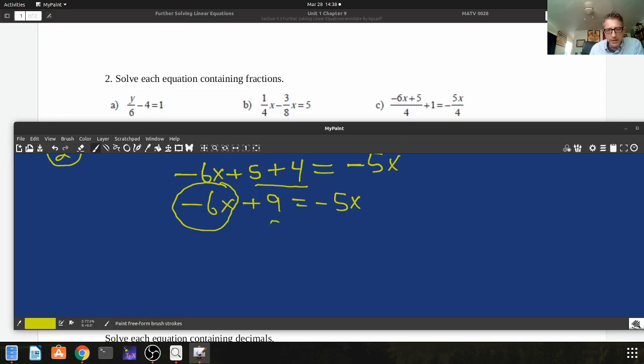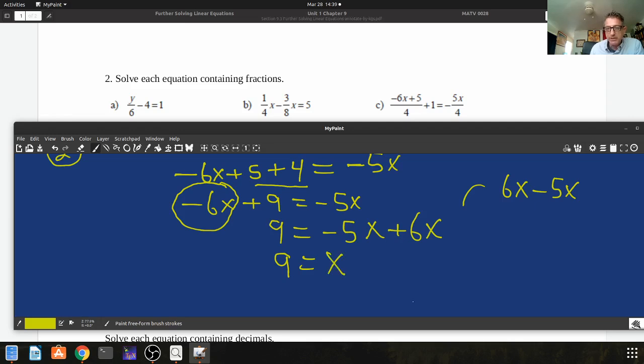So the 9 stays where it is, and the minus 6x goes to the other side and becomes plus 6x. So I have 9 is equal to minus 5x plus 6x, and notice that this is exactly the same as 6x minus 5x. So minus 5x plus 6x gives me x. And I just solved equation C.